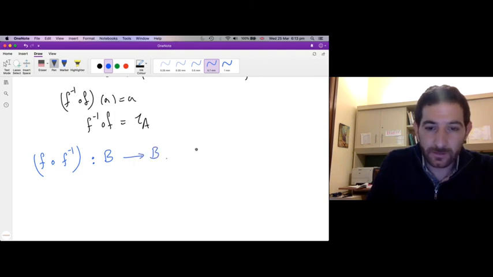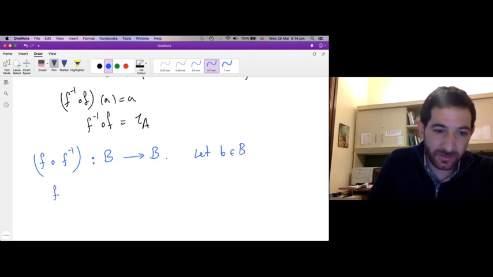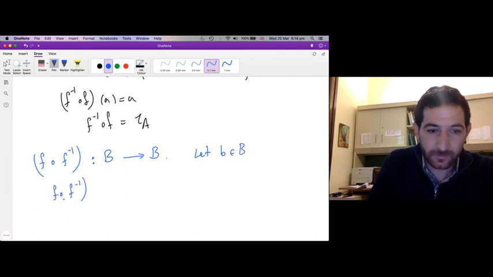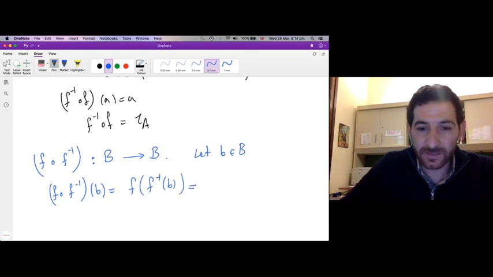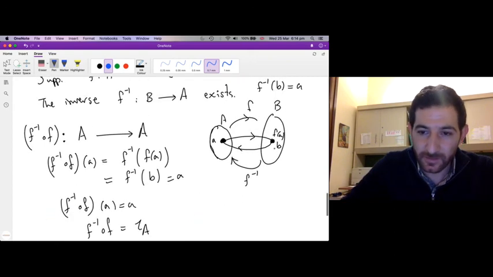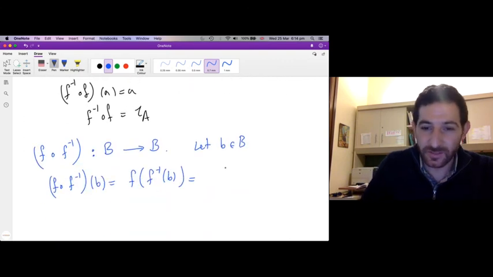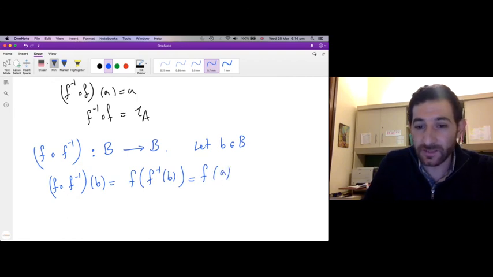Now let's choose an element b in B. Let's see what's the image under this composition. So f after f inverse of b is f of f inverse of b. But what is f inverse of b? f inverse of b is the element a whose image is b. So it's f of a, but we know what a is. a is the element whose image is b.